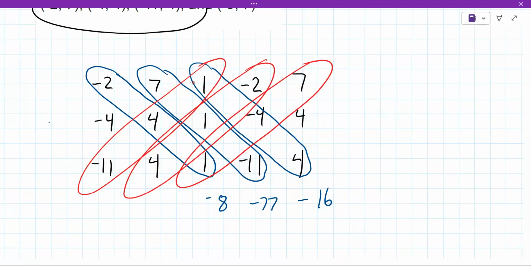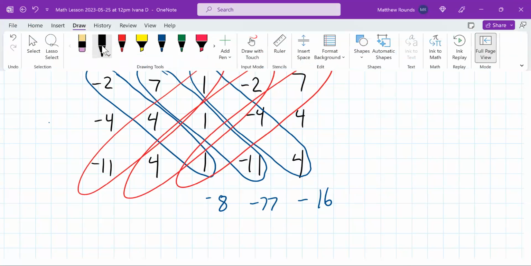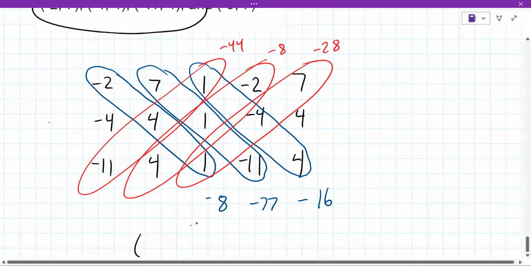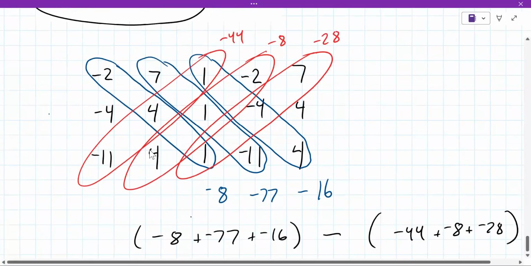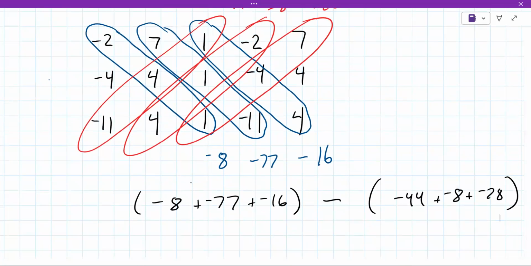Okay, now for the other ones I got -44, -8, and -28. Good. Okay, so add up the bottom numbers first. It has to be this order. And then add up the top numbers. So go ahead and do that. I'm going to check this with another method just to make sure it's all synced up.